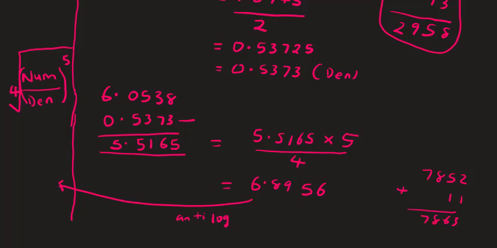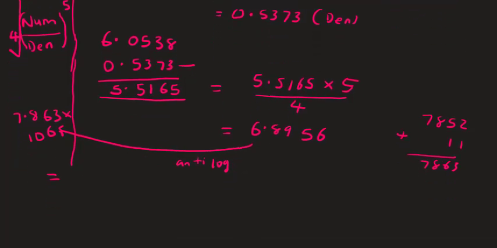So that becomes here now 7.863, then times 10 to the power of. You check the number you have before the decimal point, tells you the power of 10. So here we have a 6, so our power of 10 will be 6.